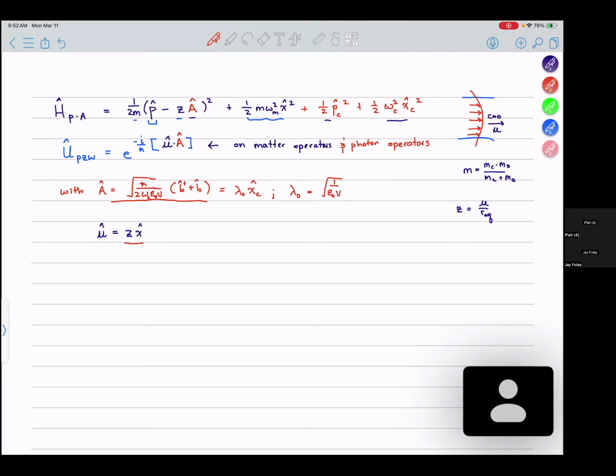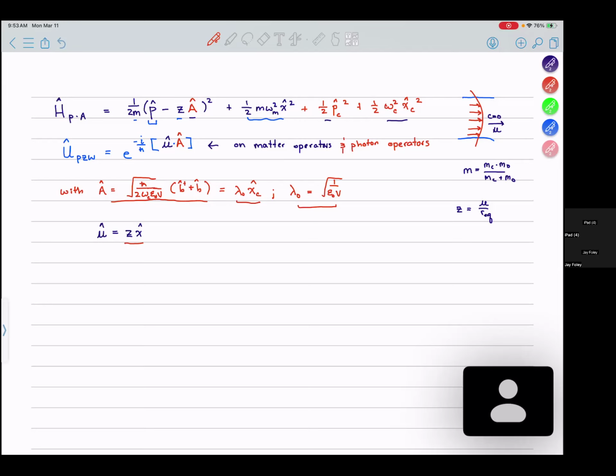But also, you might recall A hat is proportional to the position operator for the photon. So another way I can write this is lambda naught times x hat sub c, where x hat sub c is the position operator for the photon. And lambda naught is this magnitude, which I've defined as square root of 1 over epsilon naught V.